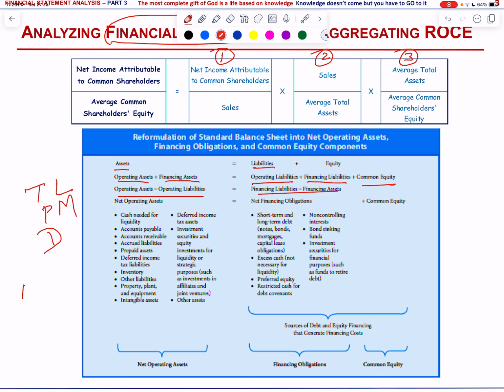So, net operating assets is equal to net financing obligations plus common equity. In the financial statement reformulation, operating liabilities are matched against operating assets.